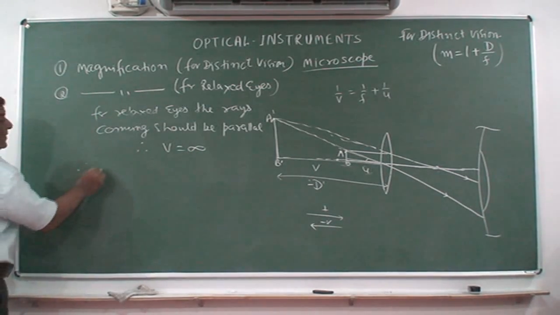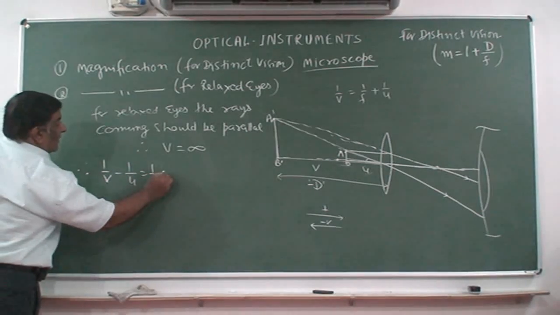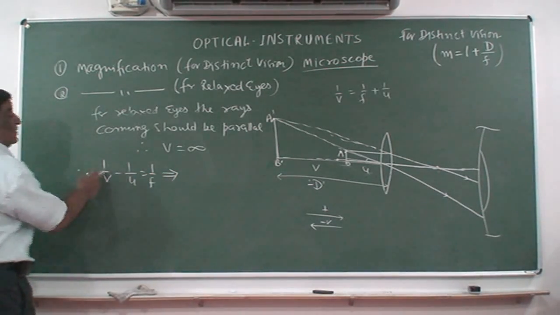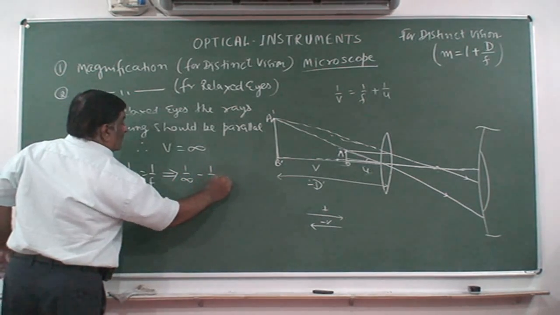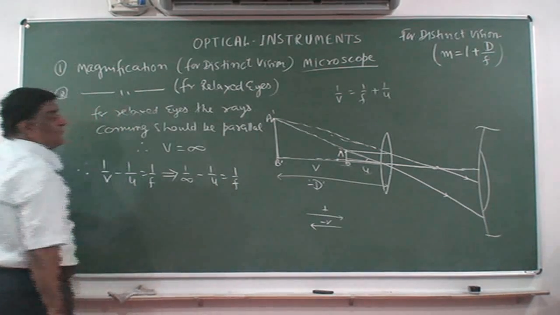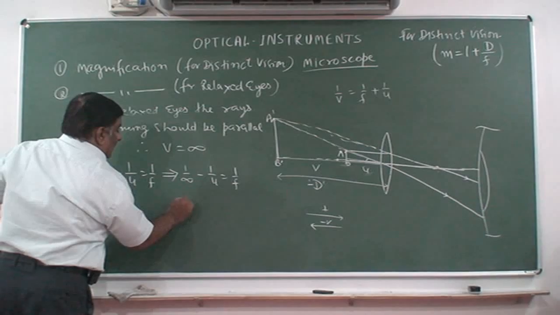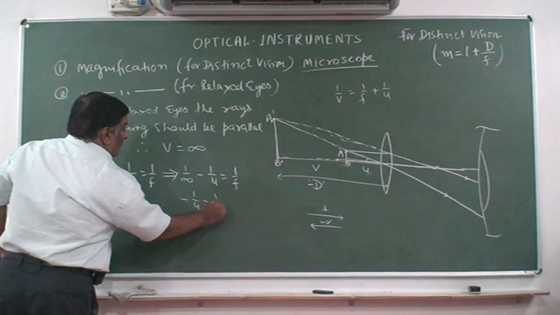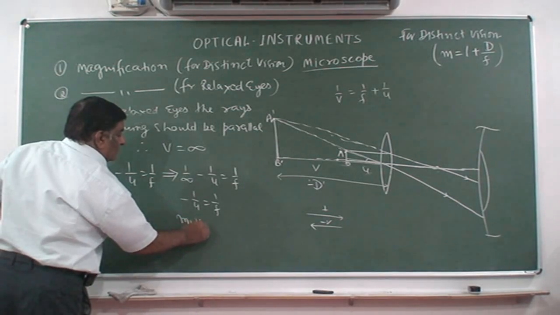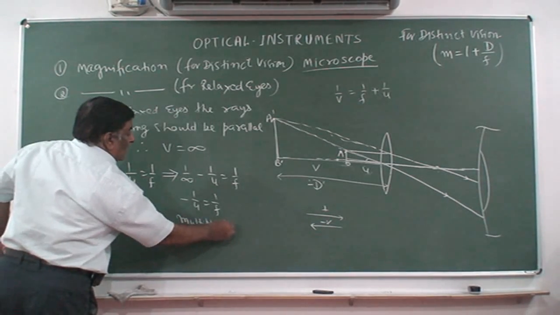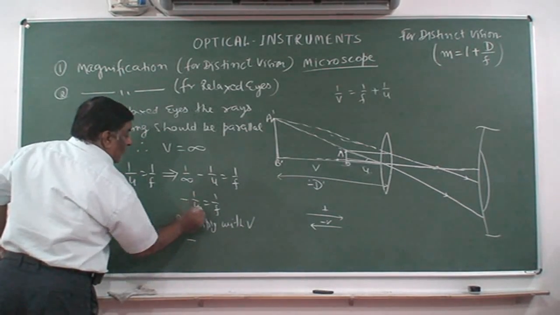Therefore, 1 upon V minus 1 upon U is equal to 1 upon F. This leads to 1 upon infinity minus 1 upon U is equal to 1 upon F. So what we get here is minus 1 upon U is equal to 1 upon F. Multiply with V, so this will become minus V upon U.